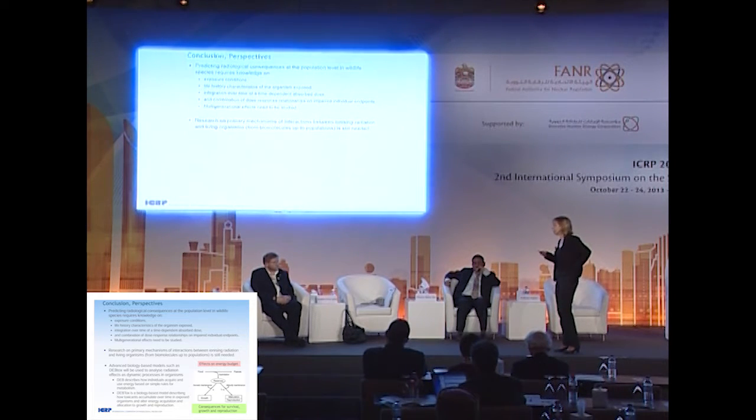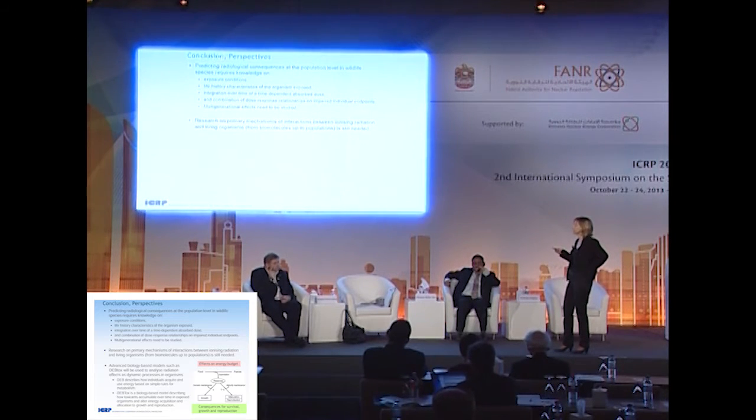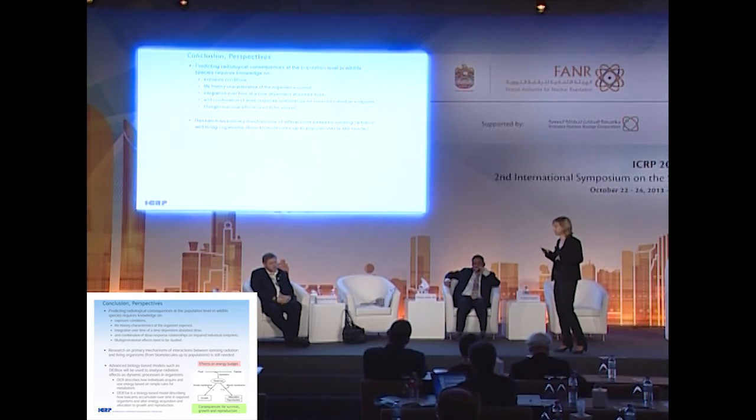What we are starting to study now is also multi-generational effects, because effects propagating through multiple generations, through a real chronic exposure, could change the sensitivity of the species to ionizing radiation.